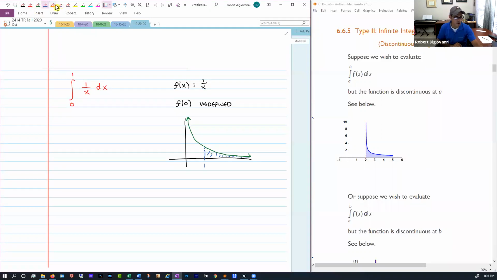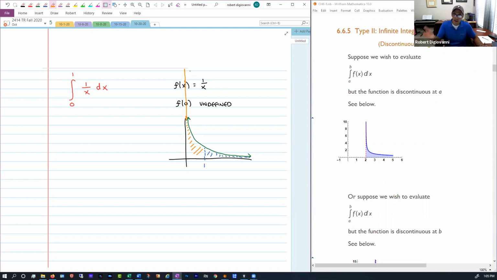Look between 0 and 1 and try to find this area. But you can see we have a similar issue. It's infinite up here. We've got area as that function asymptotically approaches infinity as we approach 0 from the right-hand side. Do y'all see that? It's very similar to what we've done before. But how do we go about doing it?